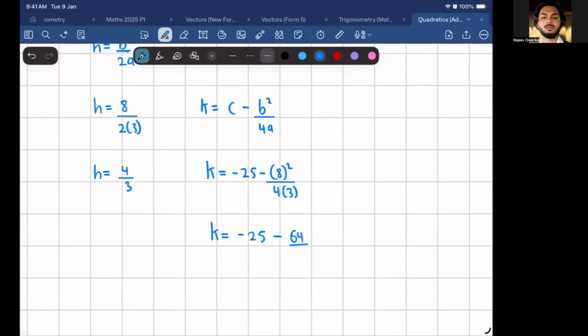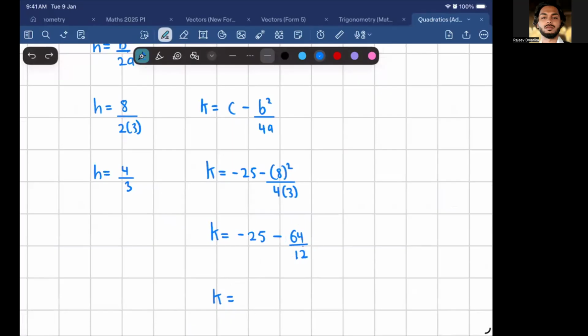4 by 3 is 12. Right? Does 12 go into 64 completely? No, you gotta simplify the fraction. If you simplify that fraction, we're gonna get 32 over 6.